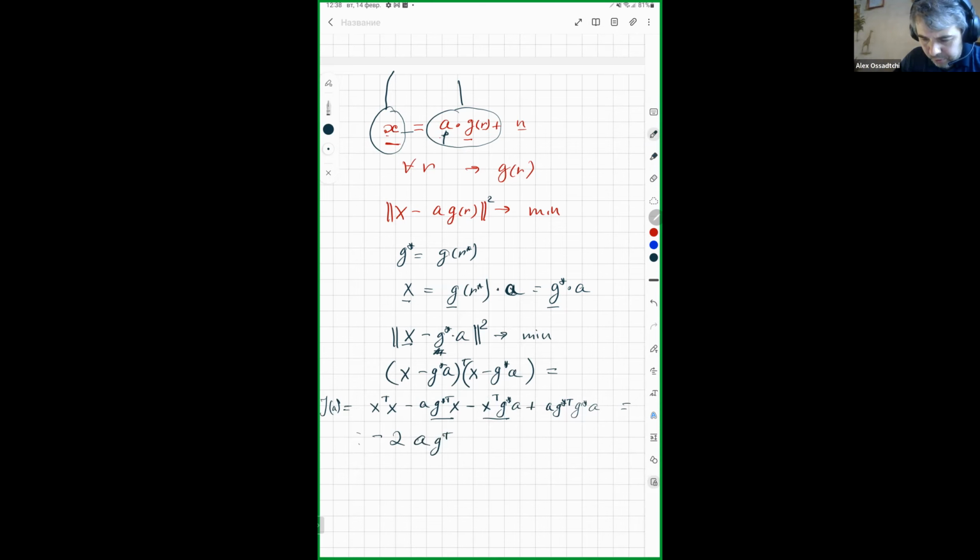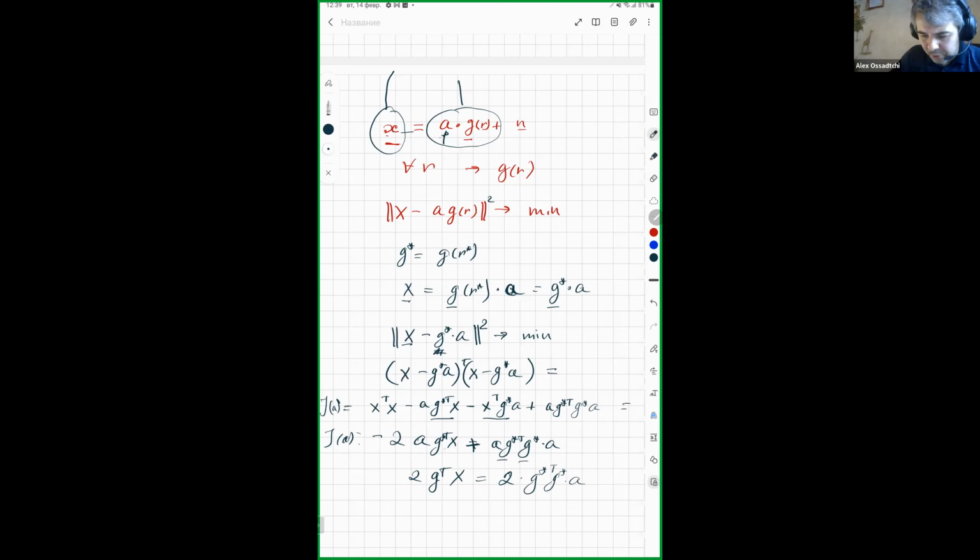Then plus A squared G star transpose G star. If you take the derivative, this is a square of A, right? So you basically get 2 G transpose X equal to the derivative of this guy, which will be 2 multiplied by G transpose G star A, right?